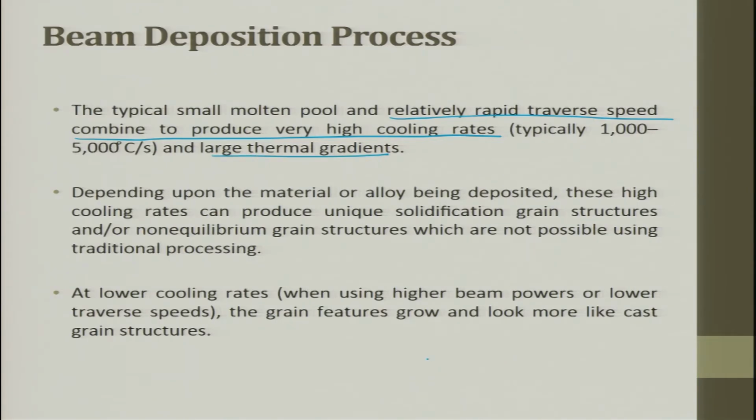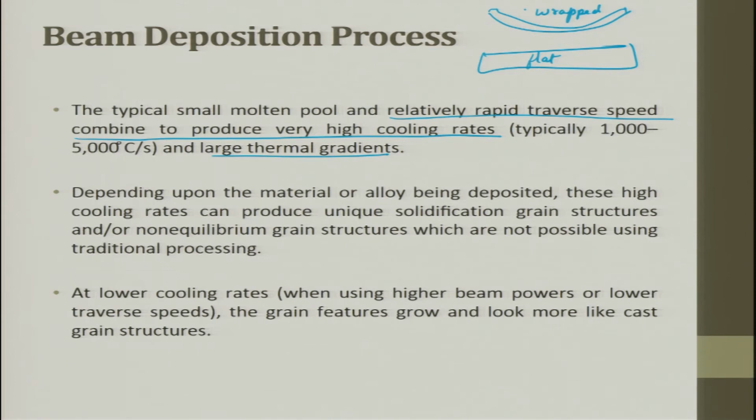These gradients are a disaster. You should try to avoid having large thermal gradients, because if you have large thermal gradients, it is going to warp the surface. Instead of a flat plate, you will get something like a warped plate. This is flat and this is warped. So, large thermal gradients should be avoided.